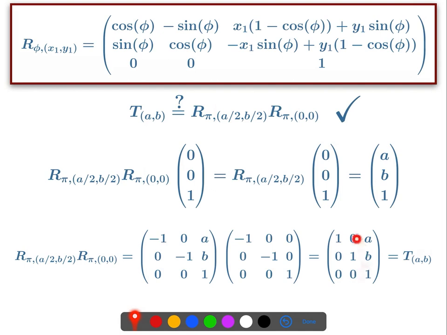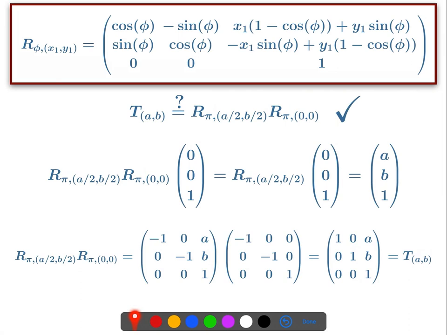And notice then this is the matrix we have for the translation T by (a, b), T sub (a, b). So this is exactly the matrix we had for that translation. So we see that if we rotate around the origin by pi, followed by rotation about (a over 2, b over 2) by pi, viewing these as matrices, the product of these two matrices equals the matrix that's a translation by (a, b).